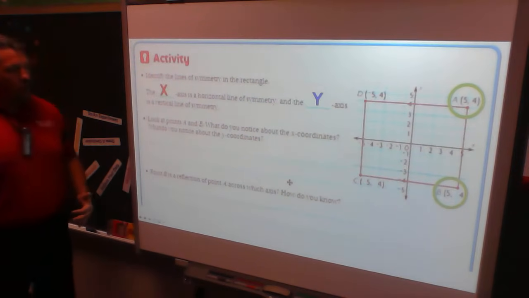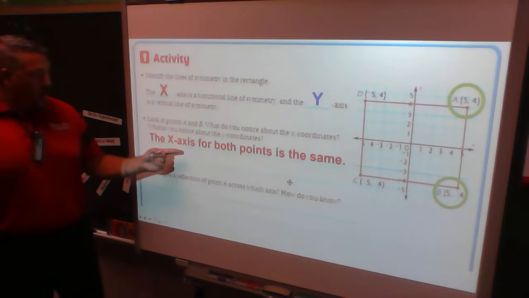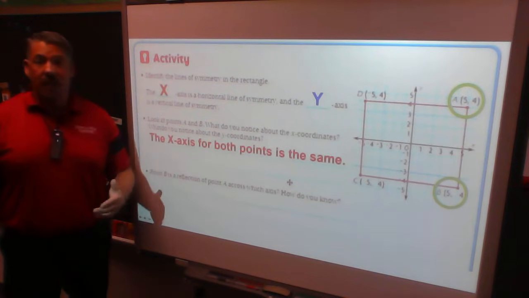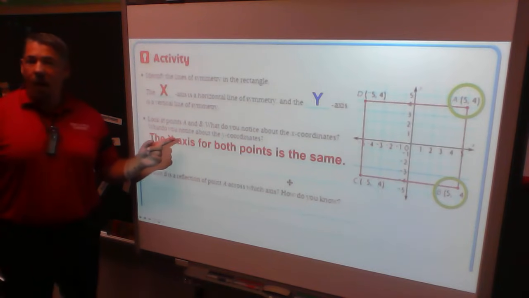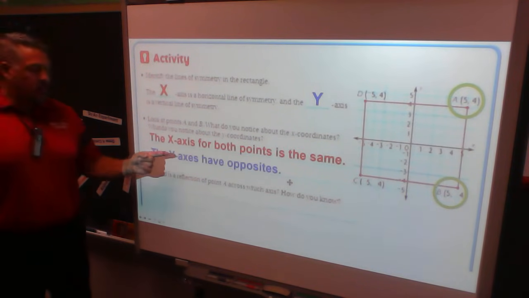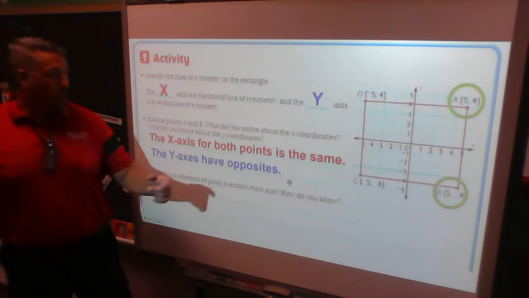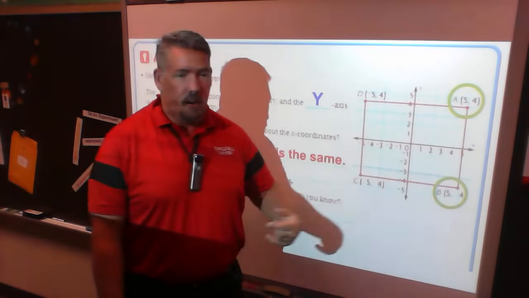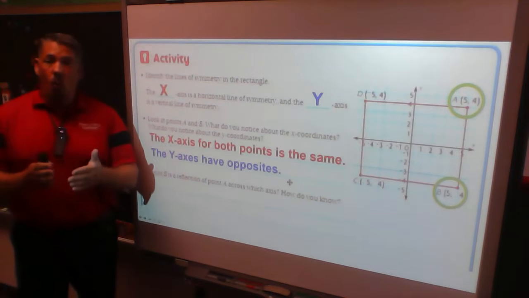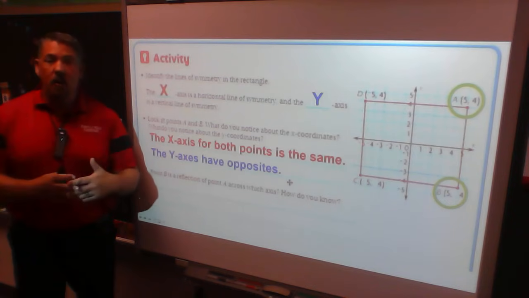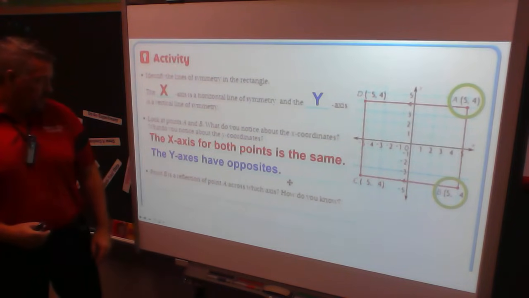What they're wanting you to notice is that the 5s are identical numbers, right? The x-coordinate for both points is the same. They're both +5. But what you notice about the y-coordinates is that they have opposite numbers. I have a +4, I have a -4. If I have a line of symmetry, then one of them is going to be the same, and then the second one is always going to be opposites one to another.